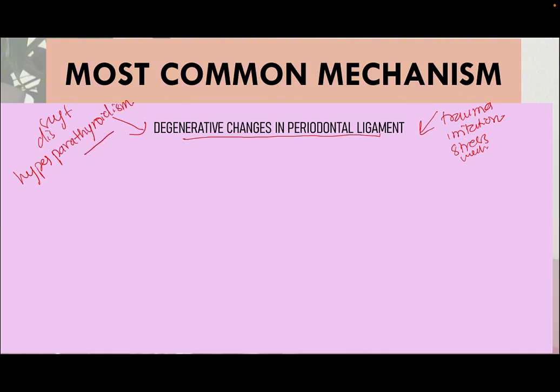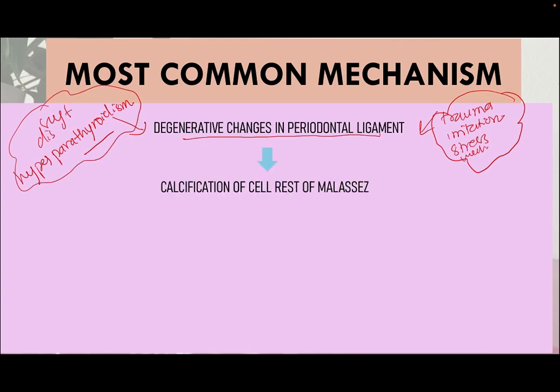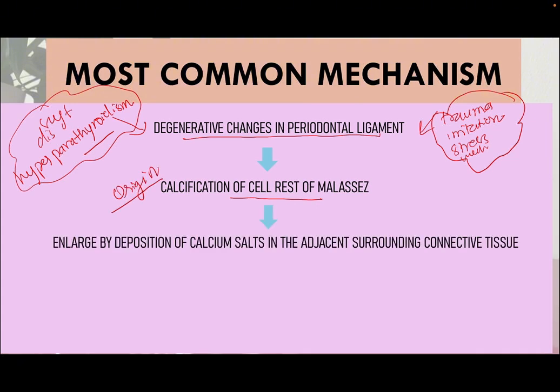These are the different factors that can contribute to the formation of cementicles, which then undergo calcification of cell rests of Malassez, which is the origin of cementicles according to this mechanism, and they enlarge by deposition of calcium salts.